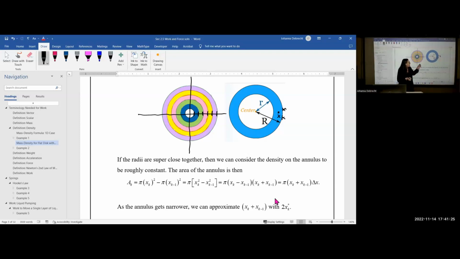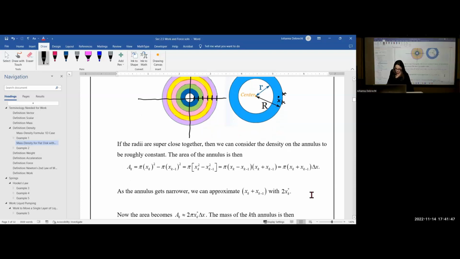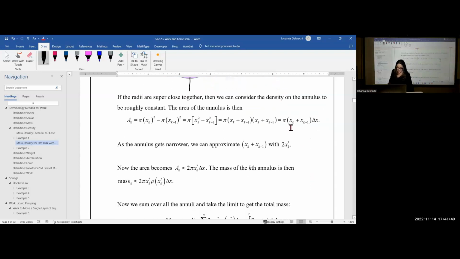And we're going to take that and double it instead of adding x sub k and x sub k minus 1 together. It's an approximation, but as those widths get narrower and narrower, it's a pretty good approximation because it is narrowing down almost to a point. So it is almost like doubling the point. So then we get 2x sub k star to replace the x sub k plus x sub k minus 1.